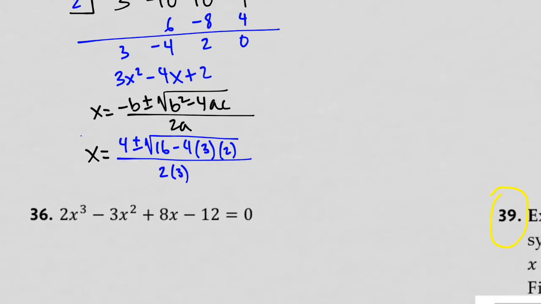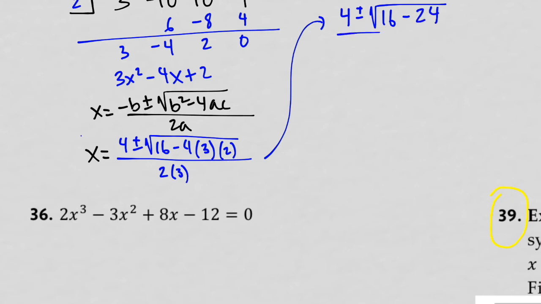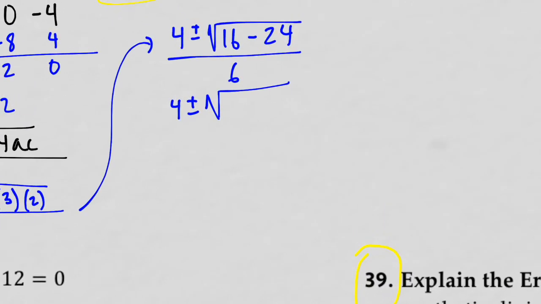Alright, we're going to continue this up here. So it's x equals 4 plus or minus the square root of 16 minus 4 times 3 is 12 times 2 is 24, all over 6, 2 times 3. So keep going, 4 plus or minus the square root of, let's zoom in a little more, negative 8, right?